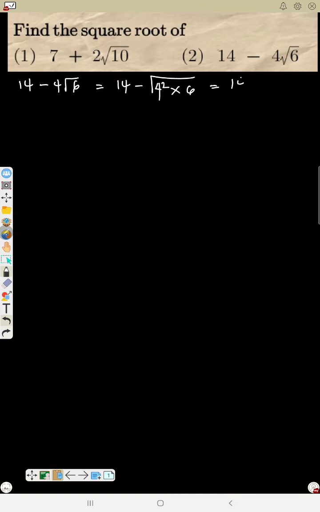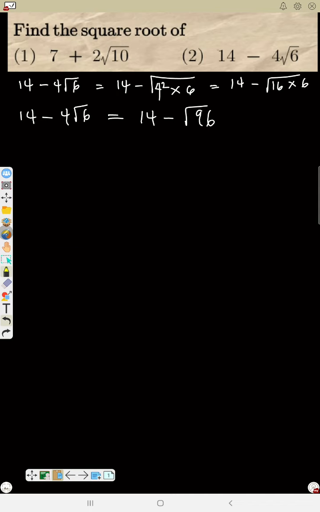So this is 14 minus square root of 16 times 6. So that means 14 minus 4 root 6 is equal to 14 minus square root of 96. So this is the one we will use now.